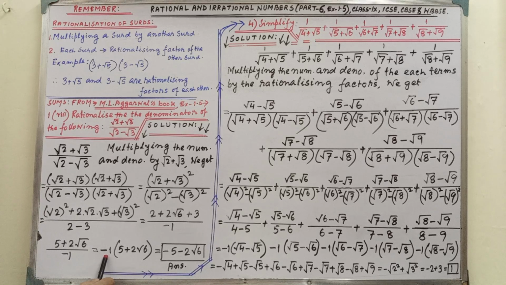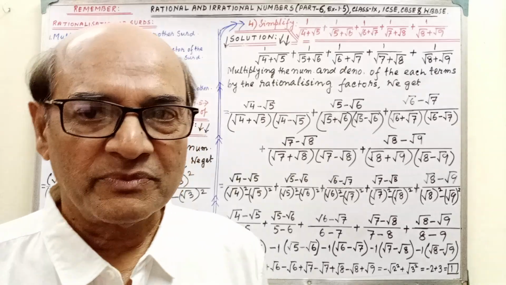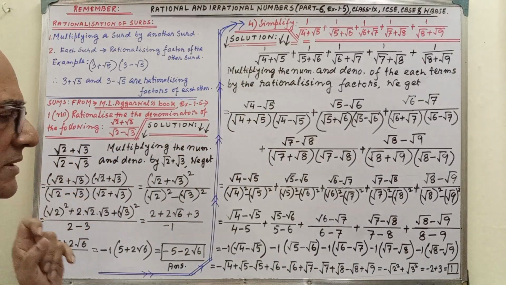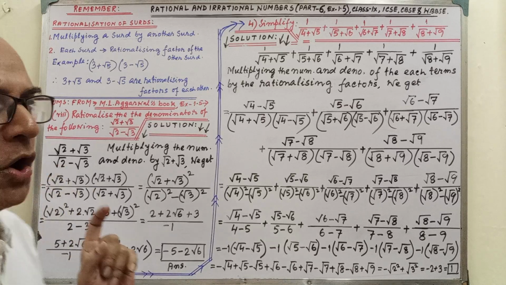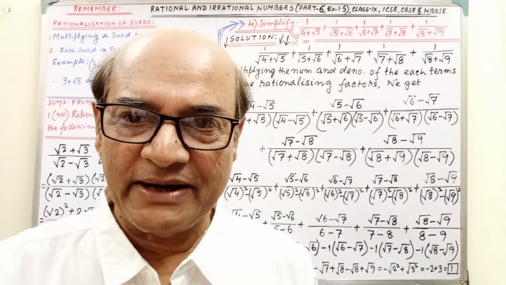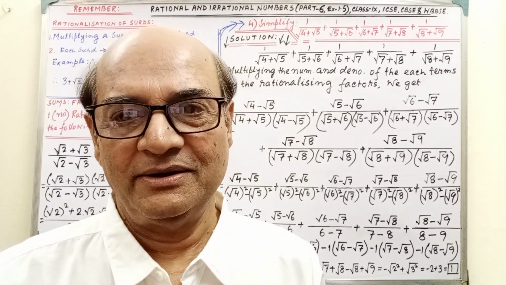Minus we are taking first, then 5 plus root 6, so it will be minus 5 minus 2 root 6. Sum is completed. The vital thing you have to notice is what is given in the denominator. The opposite sign of this factor, with that factor we have to multiply numerator and denominator.